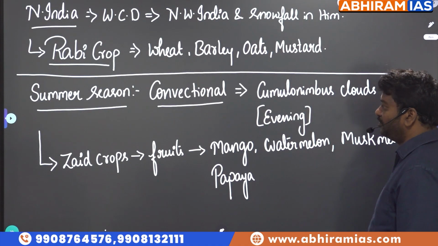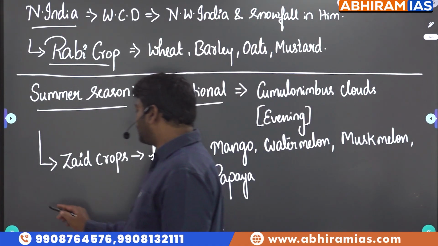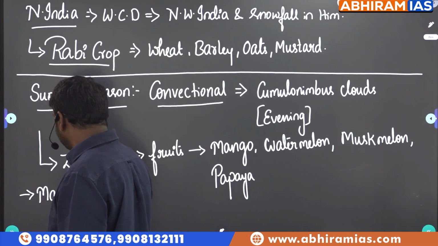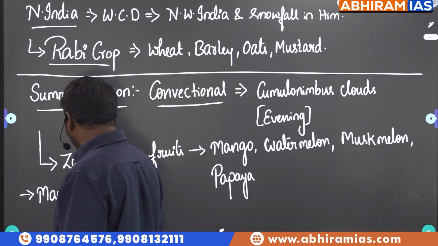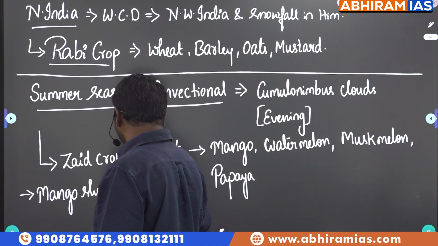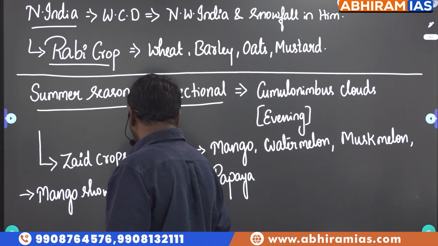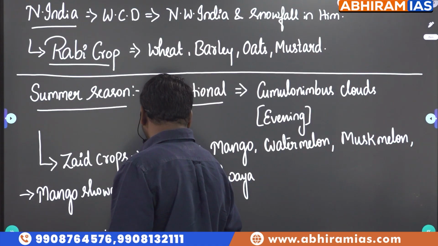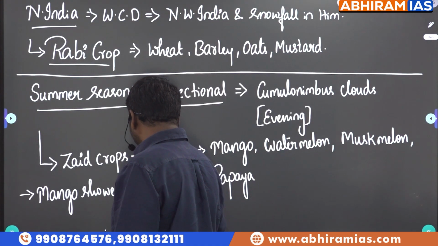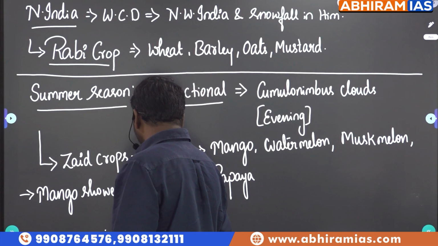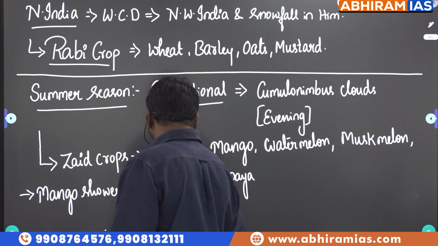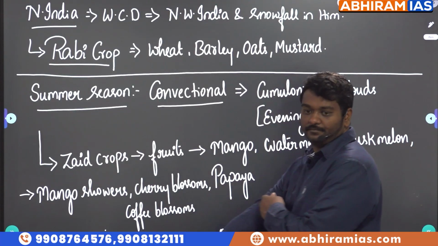Any fruits you can put it here. This rainfall is popularly known as what, guys? Mango showers. Cherry blossoms. Coffee blossoms.